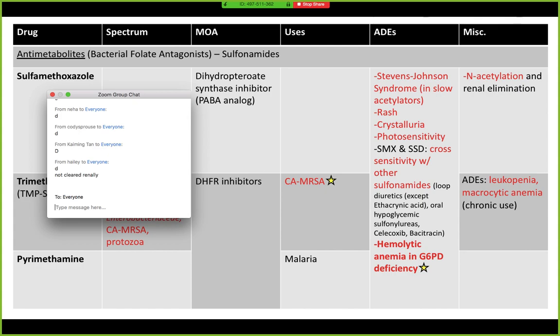So on our exam last year, they showed us a micro slide of the bite cells, those little cells that look like they have a bite out of them. And they're giving you a hint by doing that, of course, that they're talking about G6PD deficiency. So I would go back and look for that image and make sure you can recognize that in case it shows up on the exam again this year.